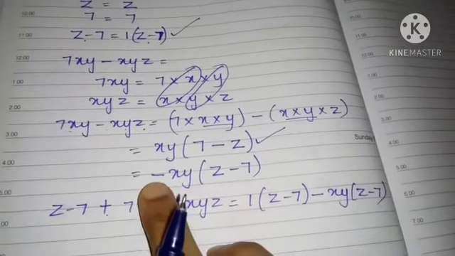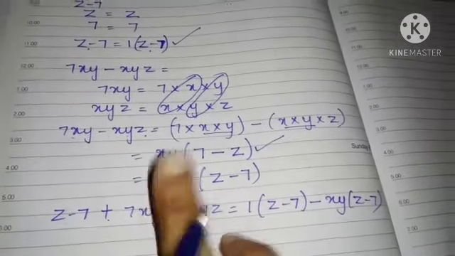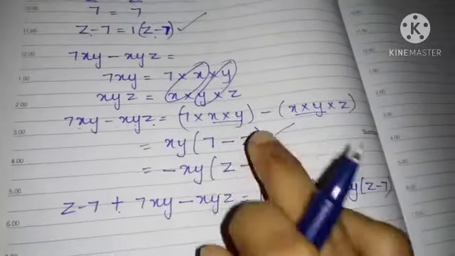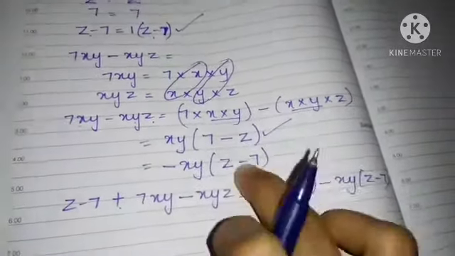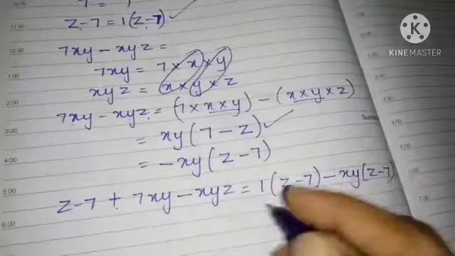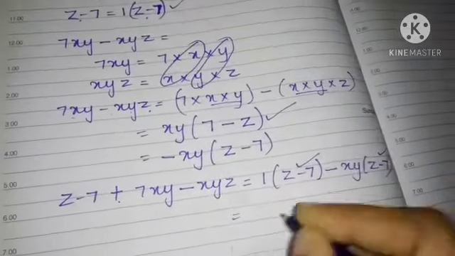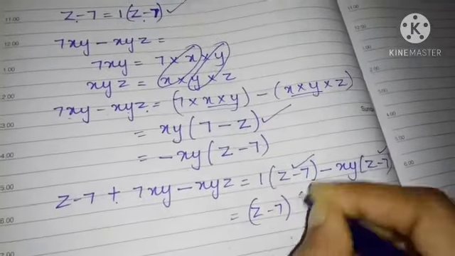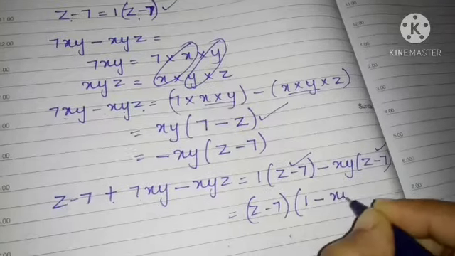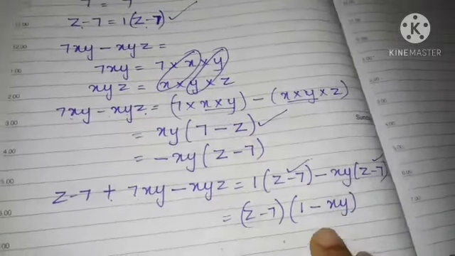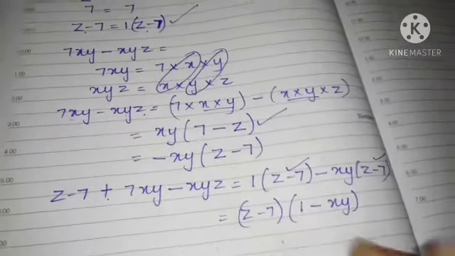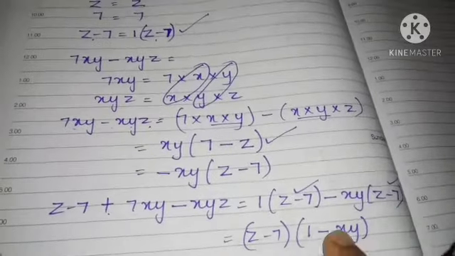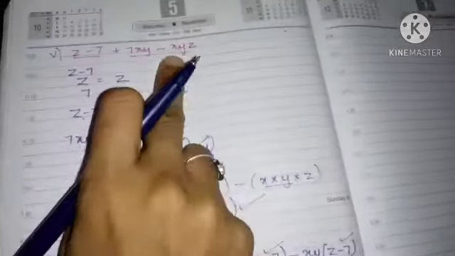Why I have taken minus outside? Because if I take minus outside, minus will become plus and plus will become minus. Now these two have come the same. So I am taking z minus 7 outside. What is remaining? 1 minus xy. So z minus 7 outside, and 1 minus xy is the final answer. If you multiply these two, you will get this term.